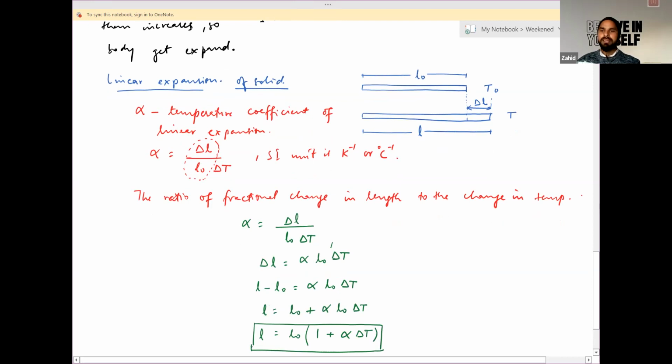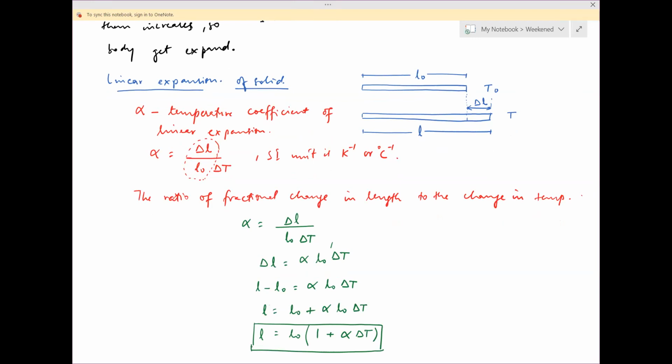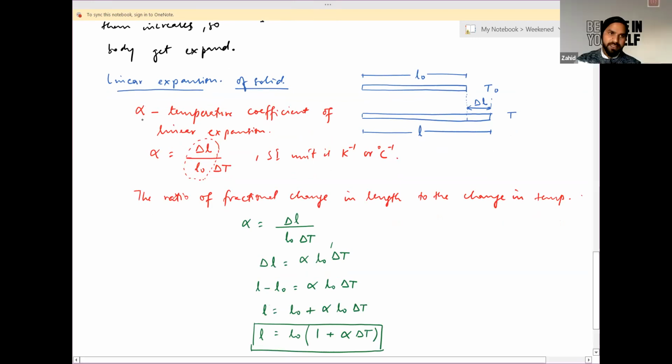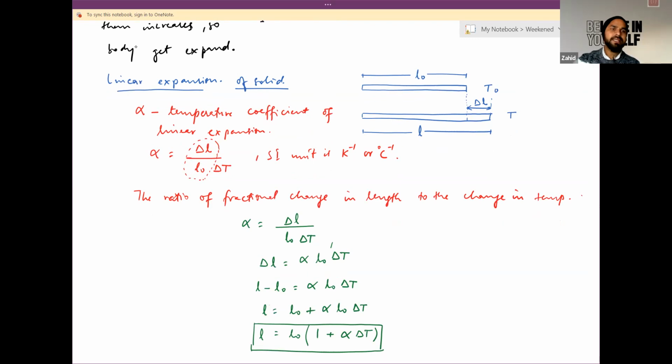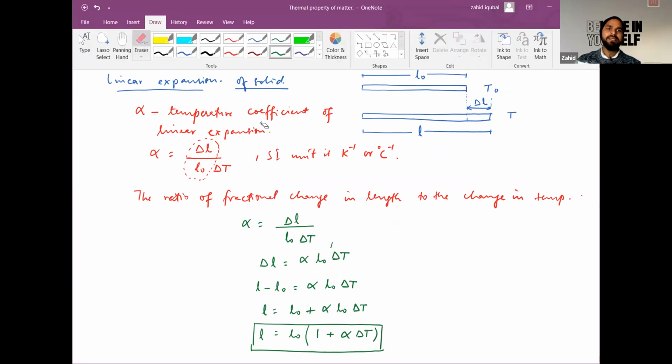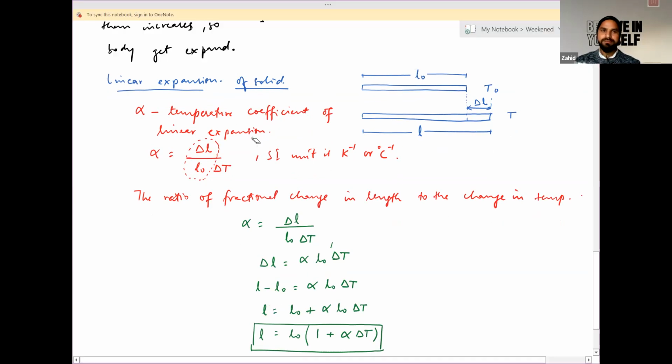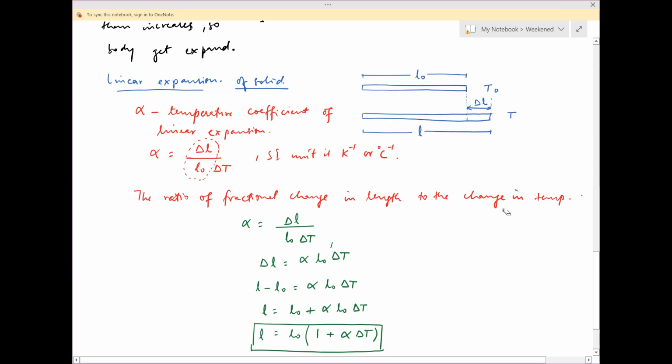So, is it clear? What is alpha here? I just defined this part. Alpha is the temperature coefficient of linear expansion, which simply defines with which rate the length of a particular solid will change with change in temperature. So alpha is basically the ratio of fractional change in length to the change in temperature.